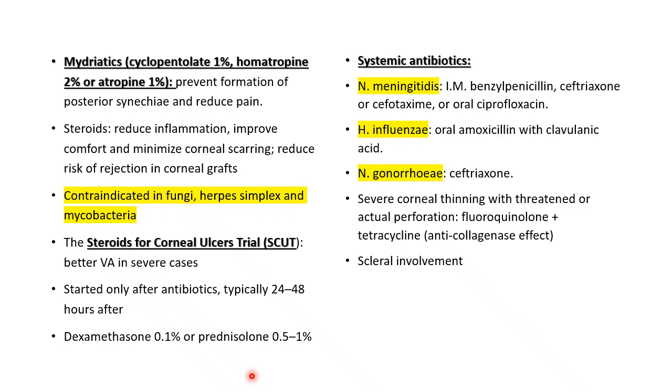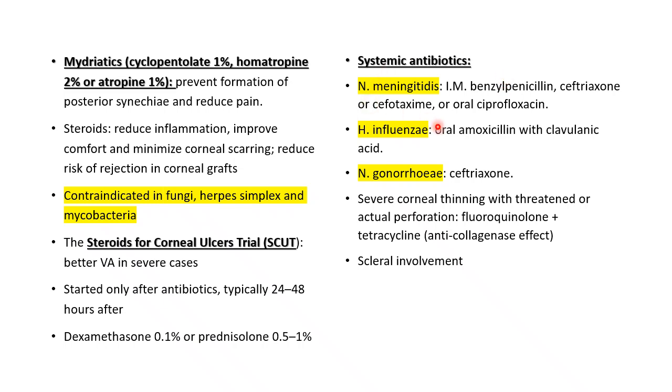Please do not say steroids are the mainstay of treatment of corneal ulcer or any keratitis for that matter. You should not utter the word steroids as the first thing in the treatment of corneal ulcers. The first thing is antibiotics plus cycloplegics, followed by systemic antibiotics.